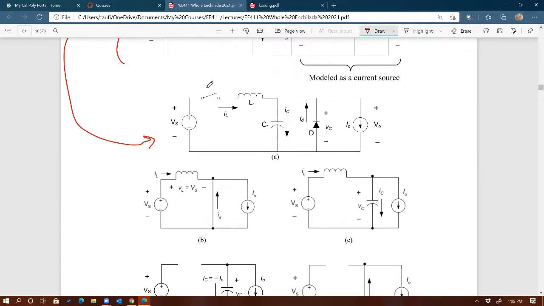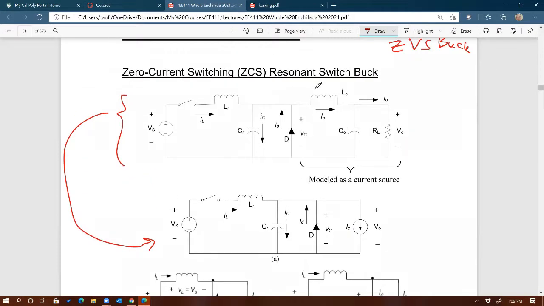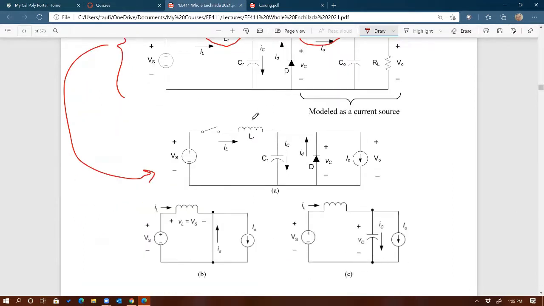Then it is actually important to note that the switch right there is in series with the resonant inductor. We have two inductors, so don't forget, these are two different inductors. We have the big inductor right there, and we have the small resonant inductor. As you can see, the switch is in series with the resonant inductor.